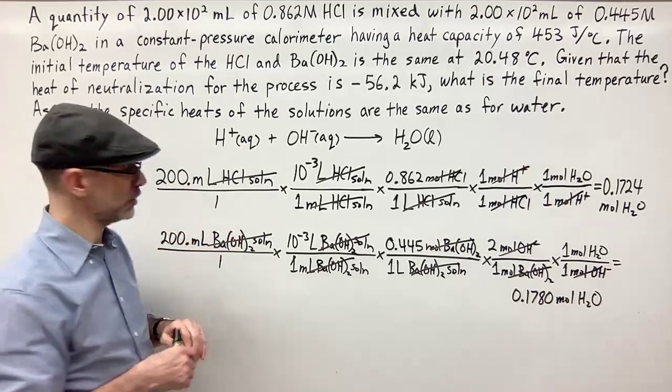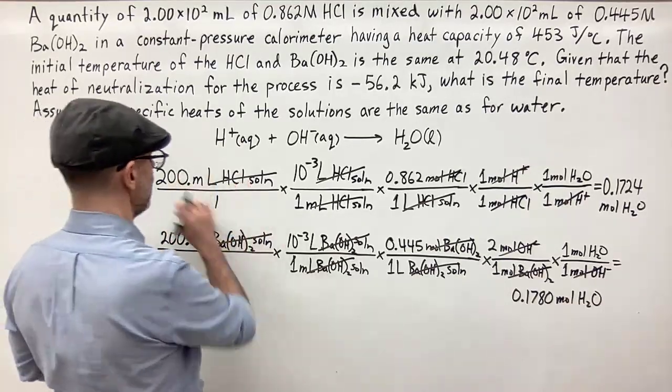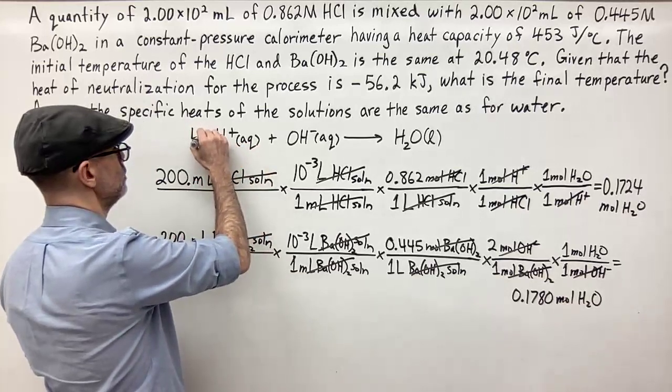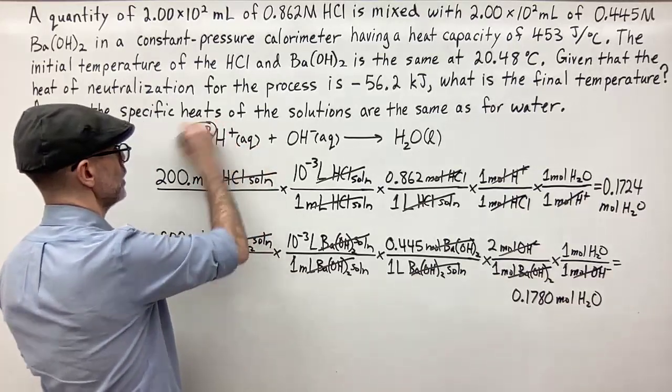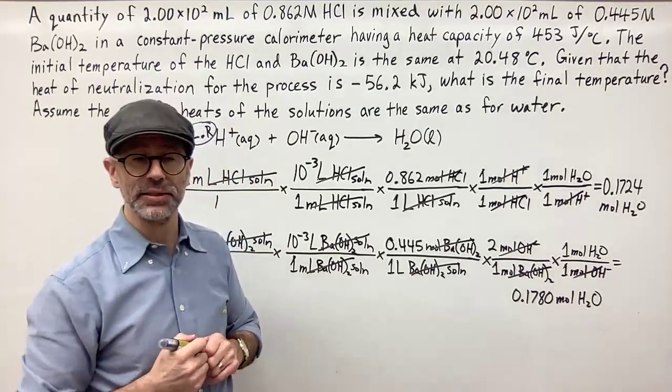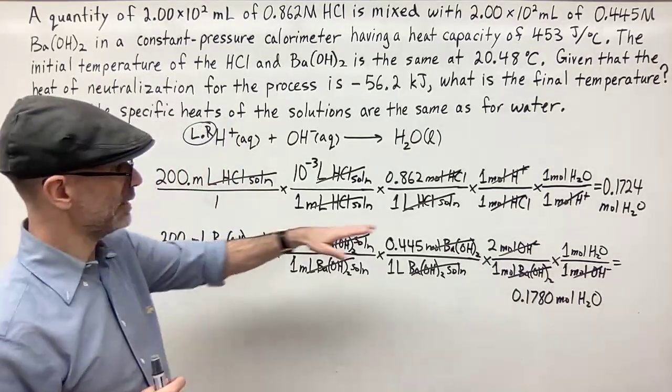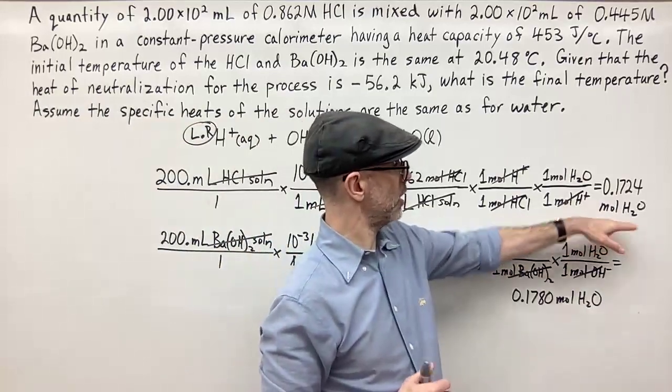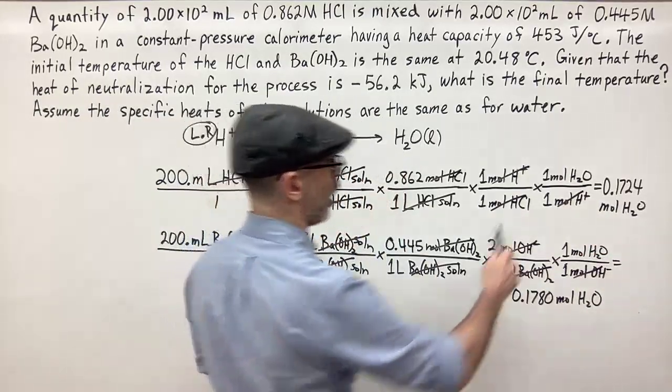No more reaction. So this HCl, or the H+ ion, is the limiting reactant. So that means that this is the maximum amount of water that can be formed.